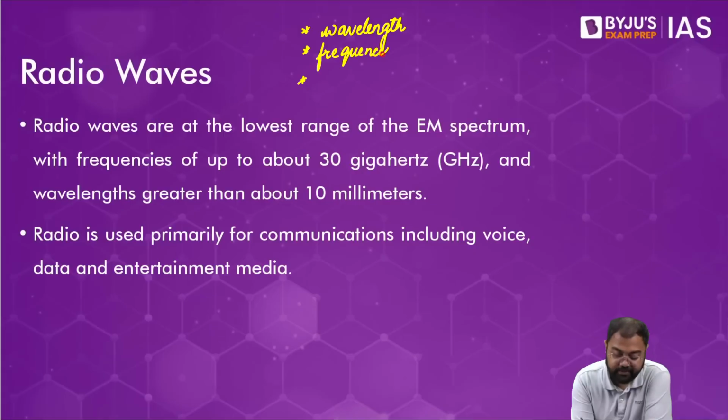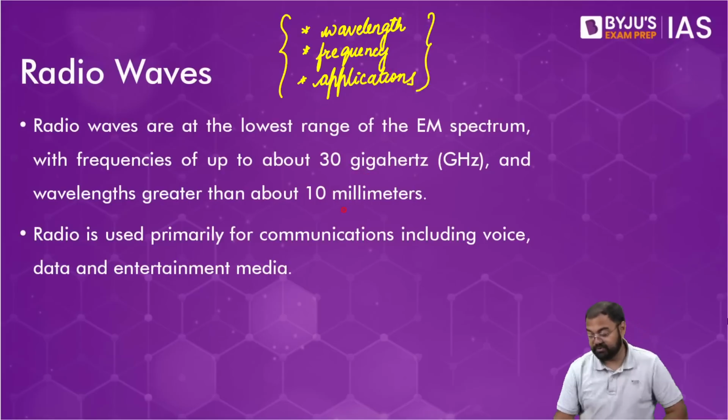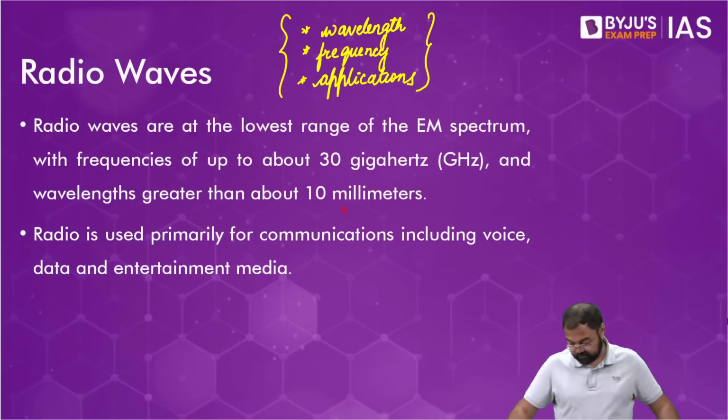Frequency may not be as important as the wavelength. So, remembering wavelength is much more crucial as compared to frequency. And third, the applications. Where do we use them? So these three parameters for any given electromagnetic wave are very, very crucial.